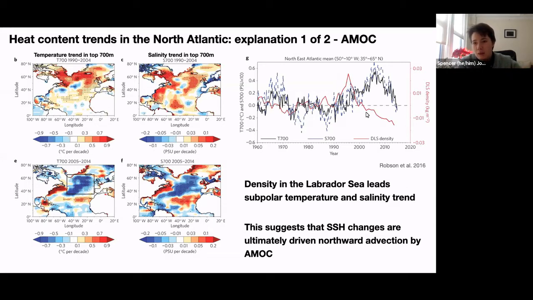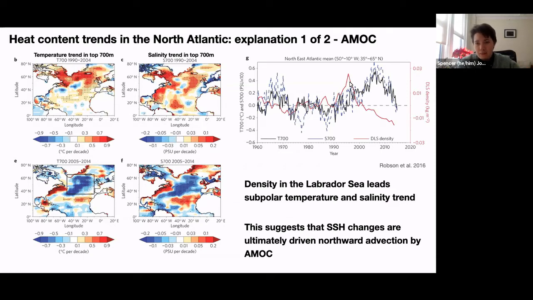In the red line, what they've plotted is the density in the deep Labrador Sea. They're using that as a proxy for AMOC strength. If you have large densities in the deep Labrador Sea, you might expect to have a strong AMOC, and that's what you have up here.